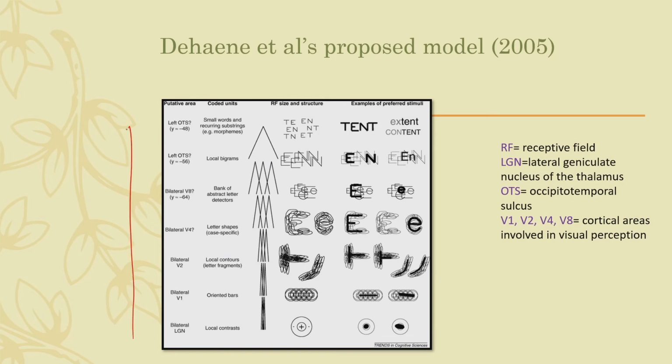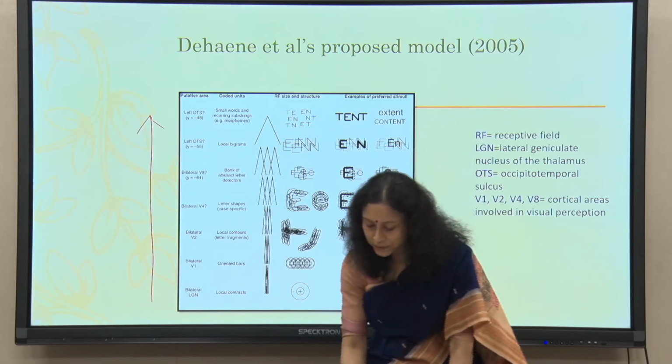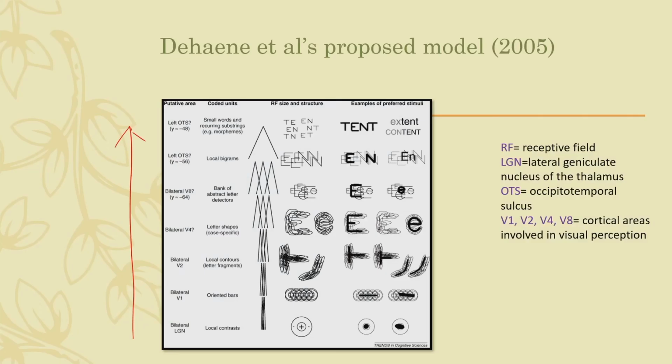It goes like this. Starting with the receptive field and then goes on to LGN, that is the lateral geniculate nucleus of the thalamus, where the first stage of processing does take place, and then it goes through various parts of the cortical regions of V1, V2, 1, 2 and 3, and then it goes on to V8, and then it goes to the left OTS, occipitotemporal sulcus.